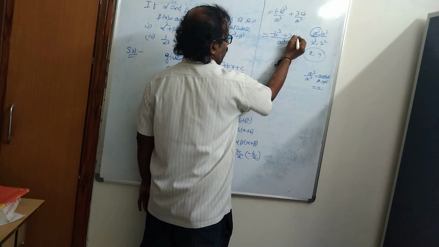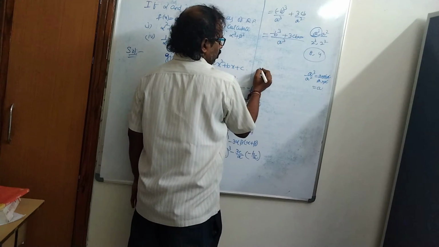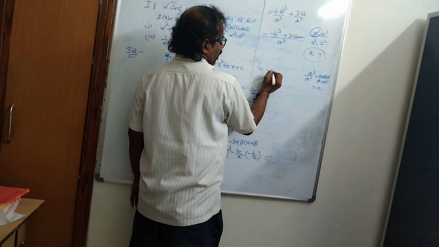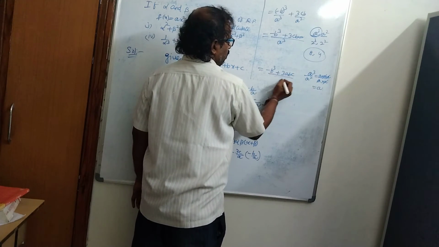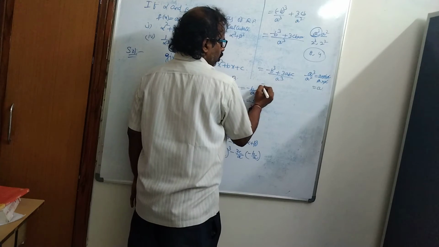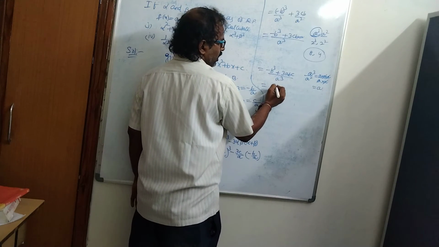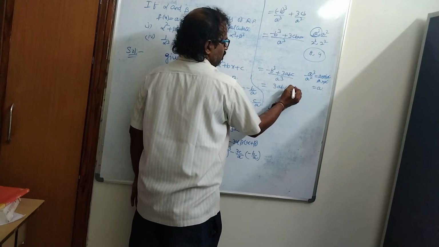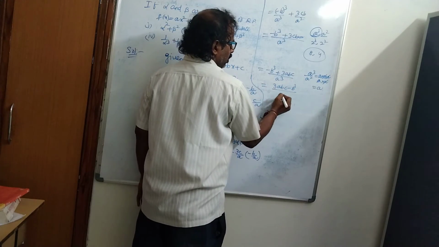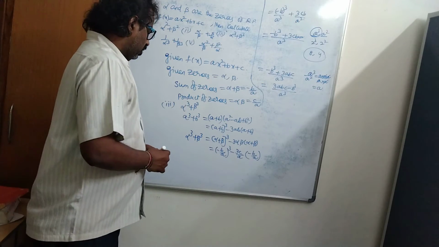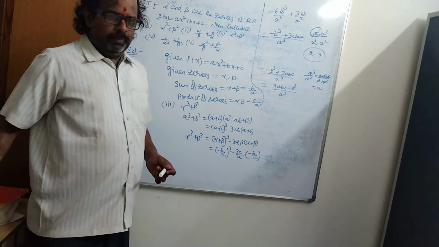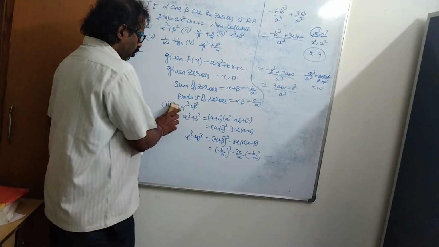So plus 3cb into a. Here it will be minus b cube plus 3abc by a cube. Still we can write it as 3abc minus b cube by a cube. Okay. So this is our alpha cube plus beta cube.